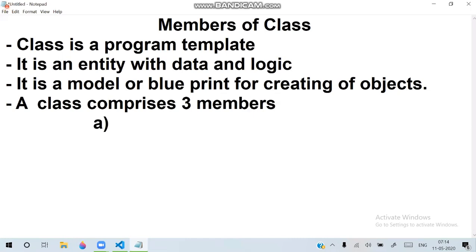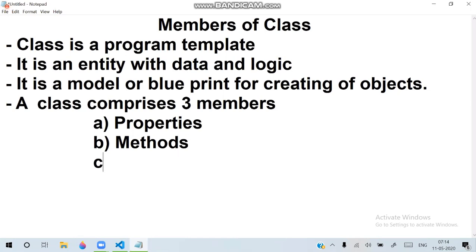It contains properties, it contains methods, and it contains a constructor. So the members of a class comprise the properties, the methods, and the constructor.